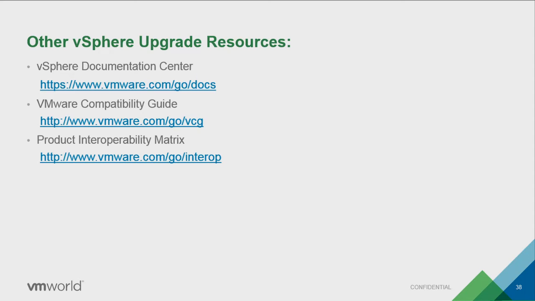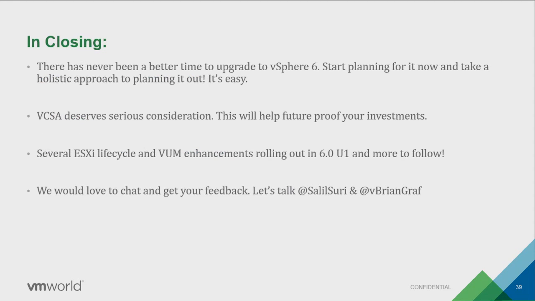We hear some people that are trying to upgrade and they're having these pains, and it turns out that they're going from one version to another that they can't, or they're trying to go from, say 2.5 up all the way, and it was because they didn't check the compatibility guide. And obviously check the product interoperability matrix. So in closing, we wanted to save some time to answer some questions.